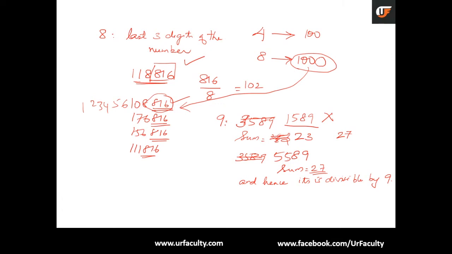Now, if the question is to arrive at the nearest number, what is the number that needs to be added to 1589 to make it divisible by 9? How do you handle it? The best technique is to add 4 to this number, and you will get 1593.